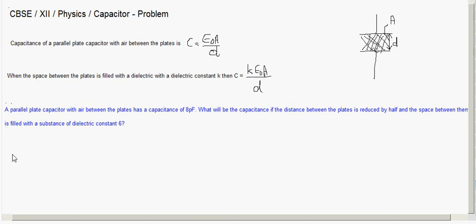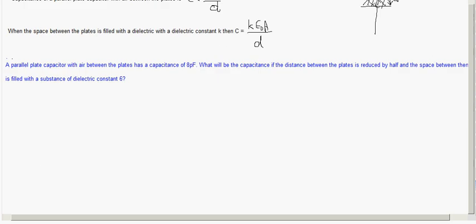A parallel plate capacitor with air between the plates has a capacitance of 8 picofarad. What will be the capacitance if the distance between the plates is reduced by half and the space between them is filled with a substance of dielectric constant 6? Now we can use the above formulae to calculate this.